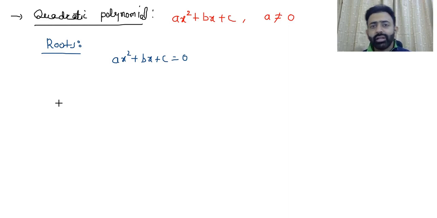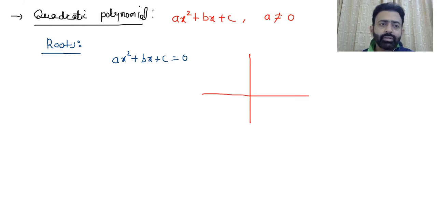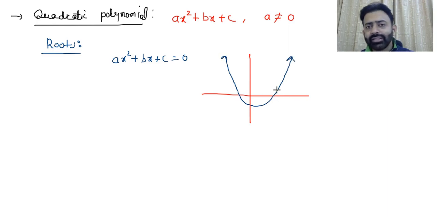Graphically, wherever the graph is intersecting the x-axis. Why x-axis? Because the equation of the x-axis is y equal to 0. So basically we are solving two simultaneous curves. One curve is our quadratic curve, which is in the LHS, and another curve is y equal to 0.